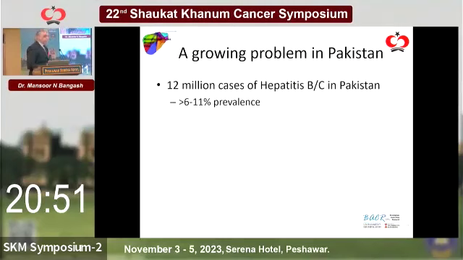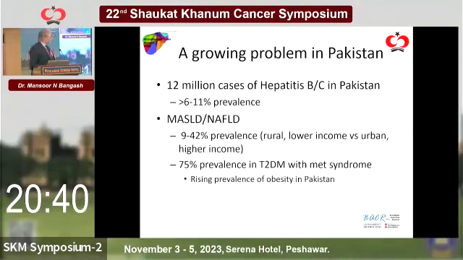And in fact, there's the same problem in Pakistan. We know that there's a massive problem with viral hepatitis there. Probably there's about, at a conservative estimate, 10% prevalence of the disease here. And there's also a growing problem with fatty liver disease. Even if you go to rural areas where food intake is poor, we think that there's probably a 10% prevalence of fatty liver disease there.